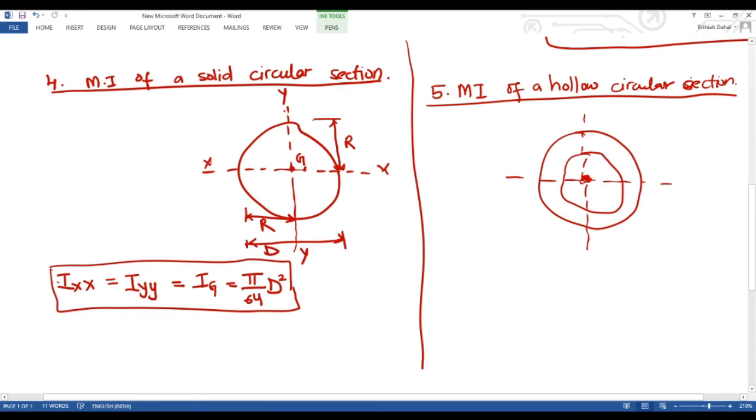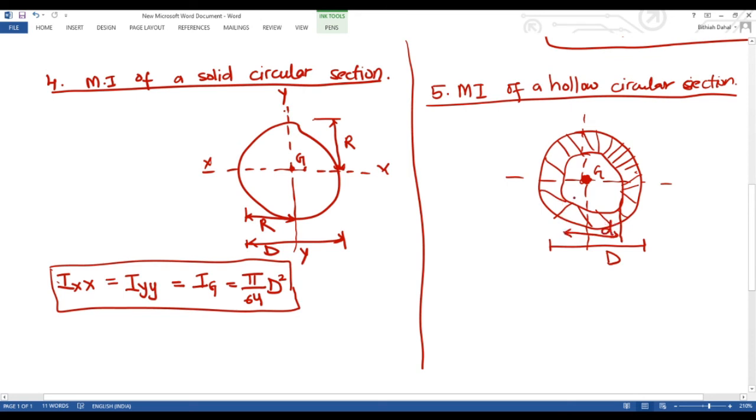Okay, this is the centroid. Let this be the centroid G, and let this be solid here. The whole of this will have a diameter D. Let this D be the diameter of the outer circle, and let the diameter of the inner circle be small d.